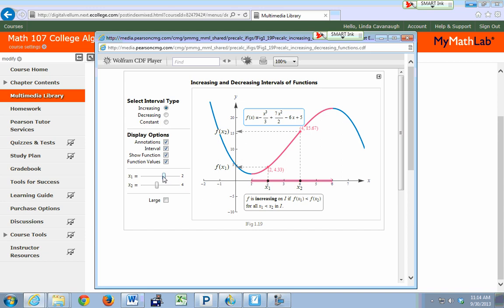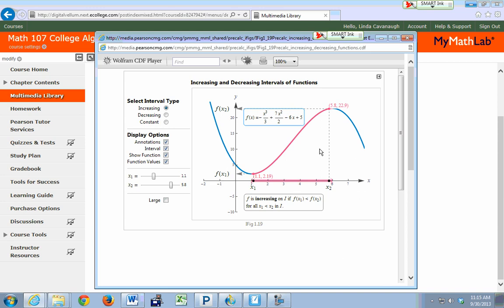Now what's nice is I can use this little slider and move this x value along the way, making my value larger and smaller. If we move this back to where we were a minute ago, notice how along your x-axis the author of the interactive figure has the parentheses there, because it's an open interval.